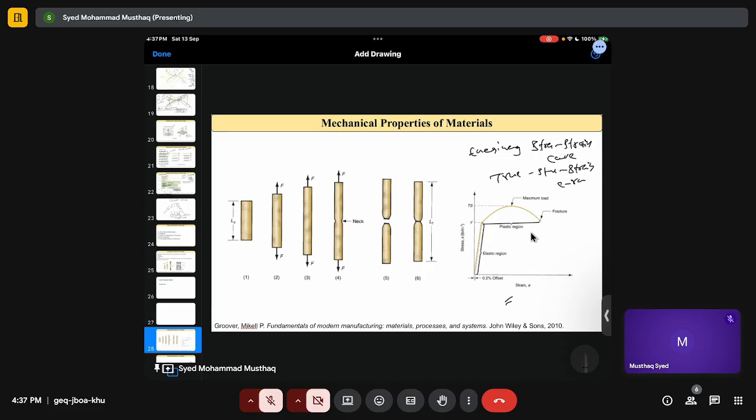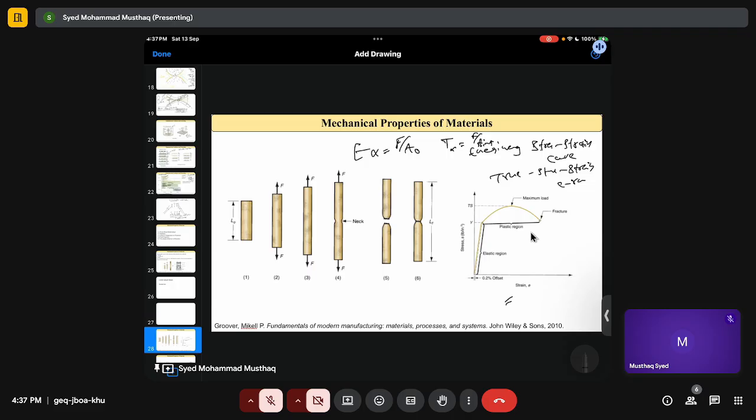See, the basic difference depends upon what the initial parameters are. In engineering, stress is nothing but force upon area. This is the initial area. For true stress strain, the stress equals load upon the instantaneous area. So you are measuring the area instantaneously.